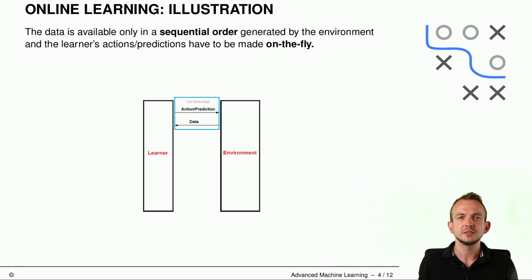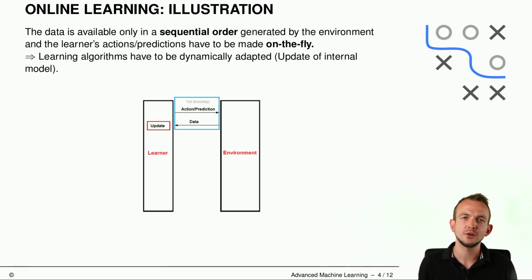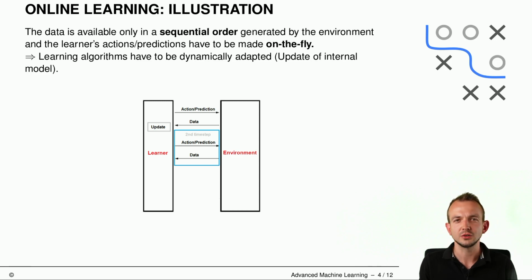And based on the reaction, on the data which the environment generates, the learner should update its internal knowledge, its internal model regarding the dynamics of the environment, take this into account, and then take another action or do another prediction for this game, and in turn the environment will react in the sense that it will provide data or do indeed also an action.